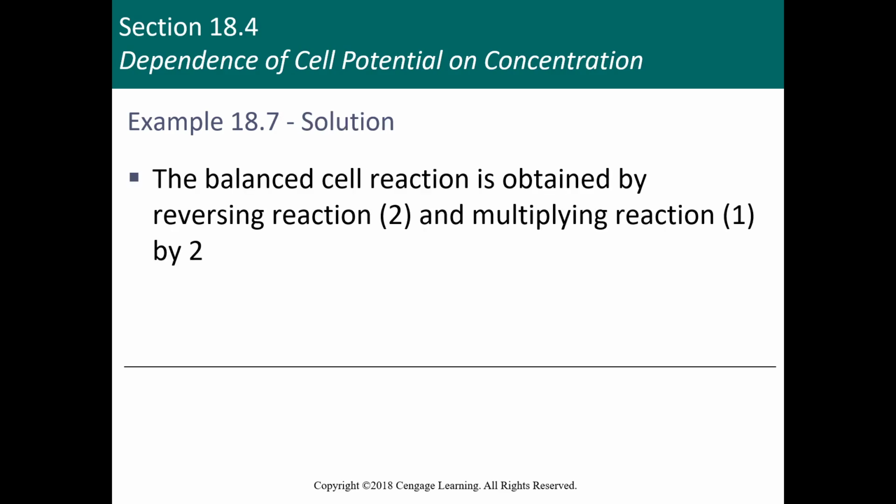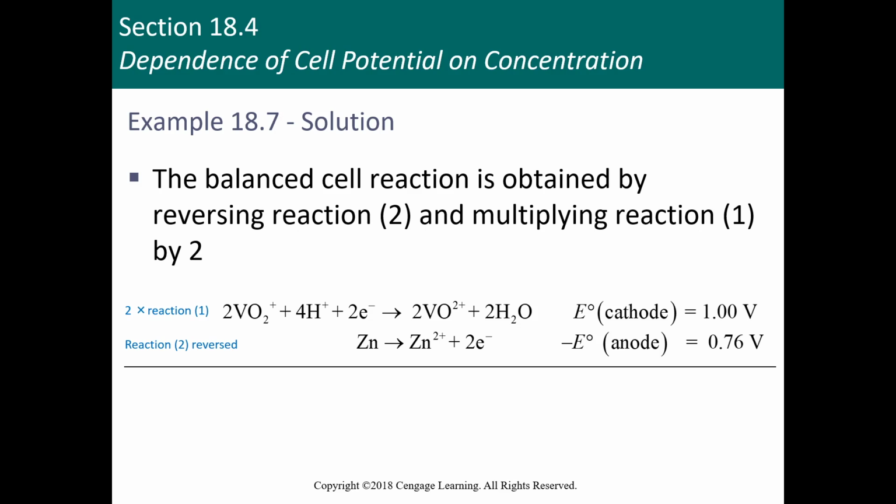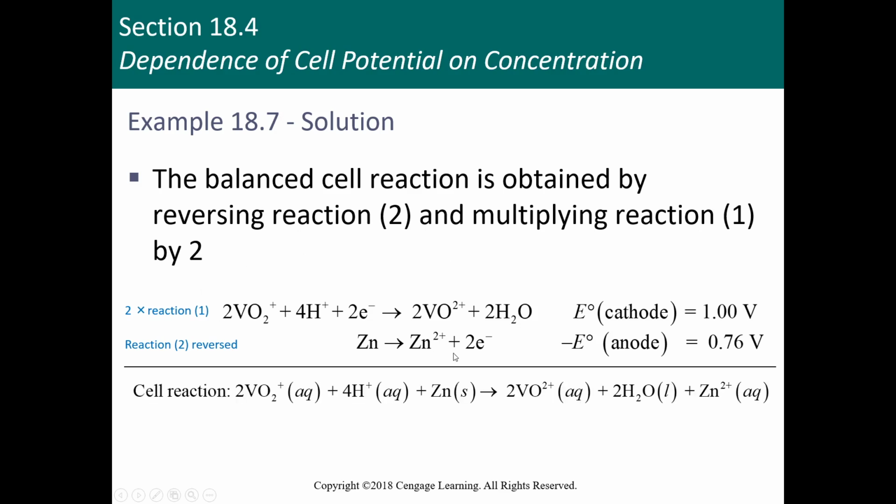So the balanced cell reaction is obtained by reversing reaction 2 and by multiplying reaction 1 by 2. So we multiply by 2 on this one, we reverse this one, and that will give us our balanced cell reaction, like so.